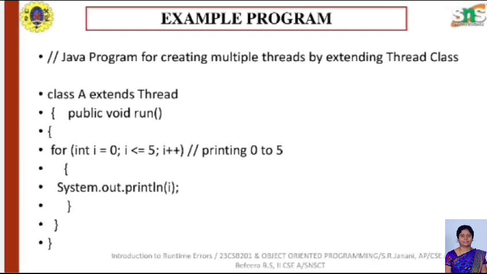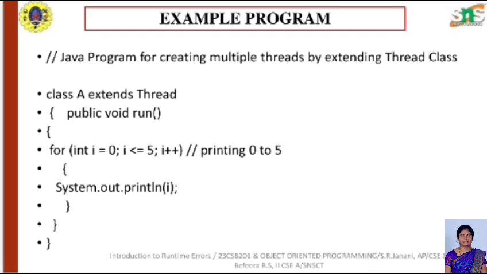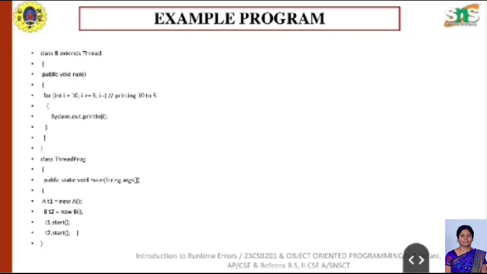Finally, let's see an example program for a Thread class. Here we are creating a class A which extends Thread. In that we are using the run method to print values from 0 to 5. And we again create a class B which also extends Thread. In that we again use the run method to print values from 10 to 5.